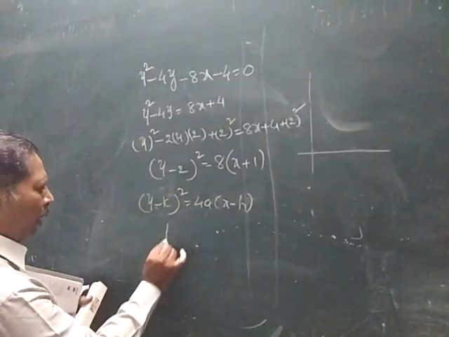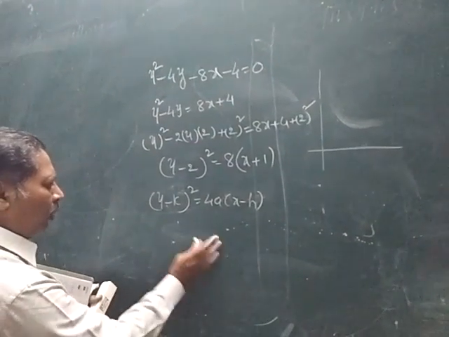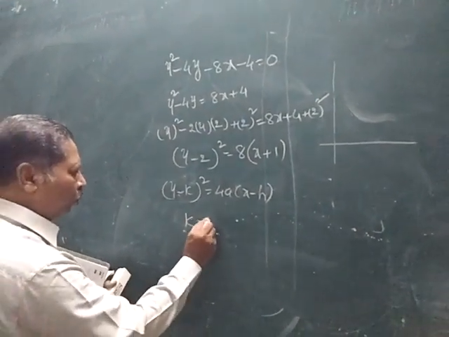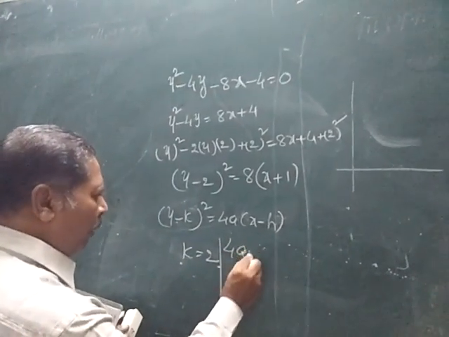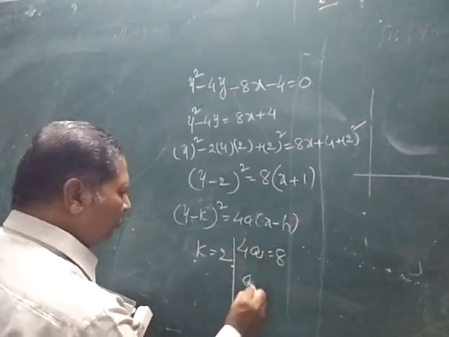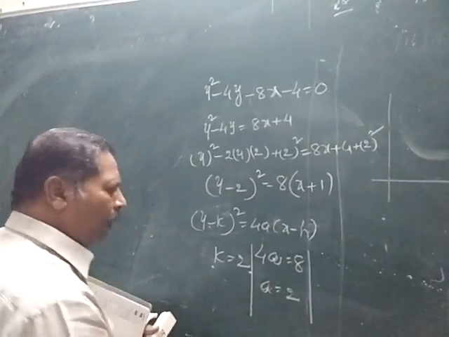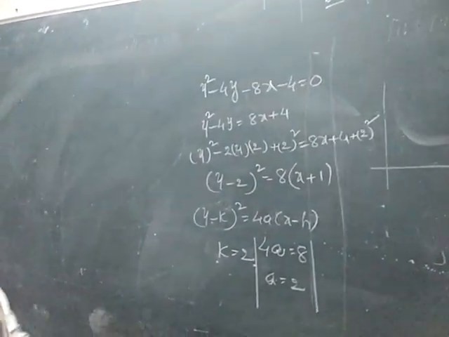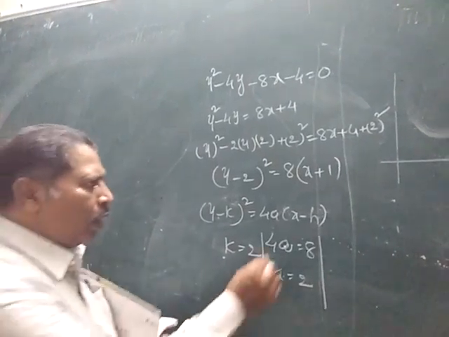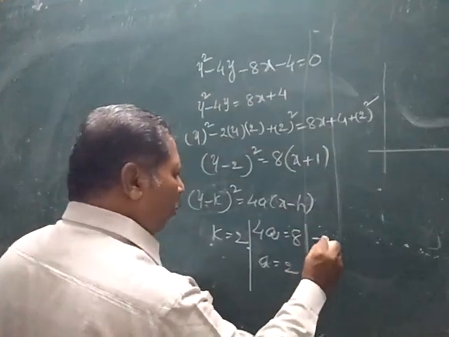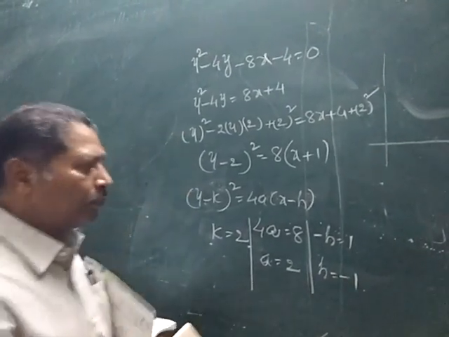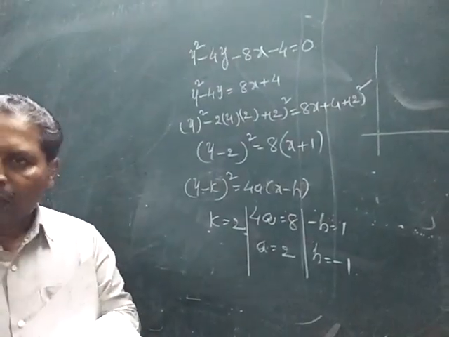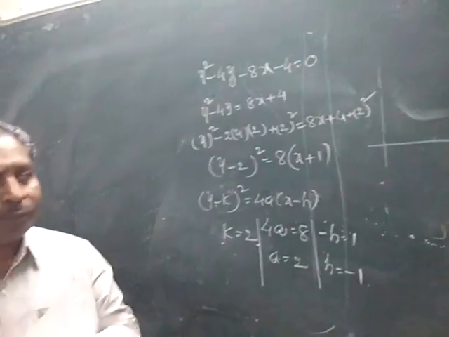So k value 2, 4a value 8, a value 8 by 4, which is 2. Minus h value 1, so h value minus 1. Listen carefully.